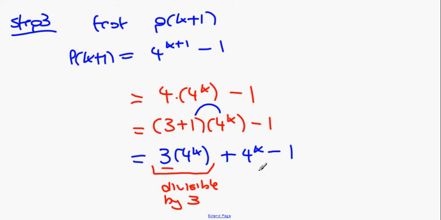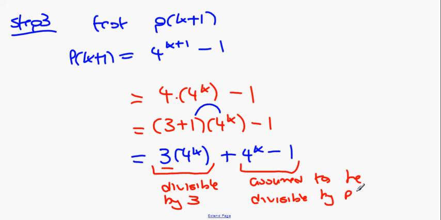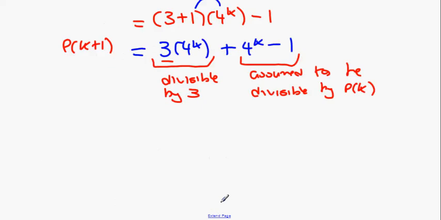And then this part here is assumed to be divisible, so assumed to be divisible by P of k. So this is P of k plus 1. Now P of k plus 1 is comprised of 2 different parts that are divisible by 3.